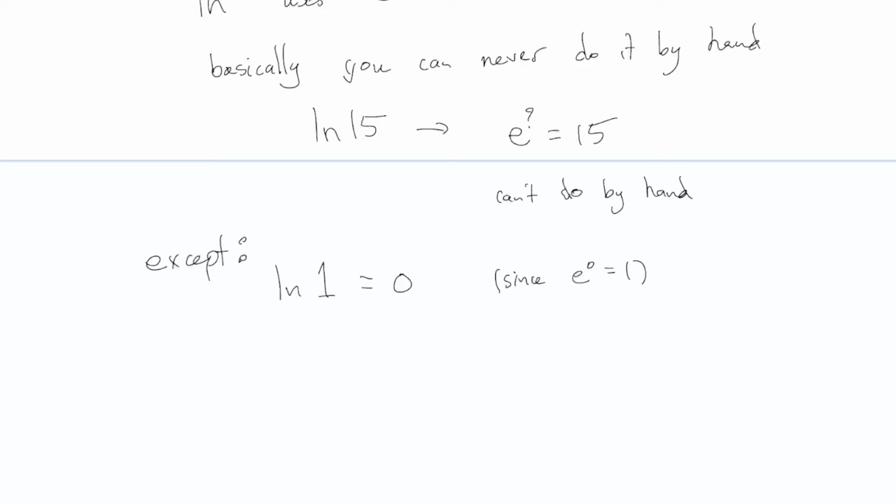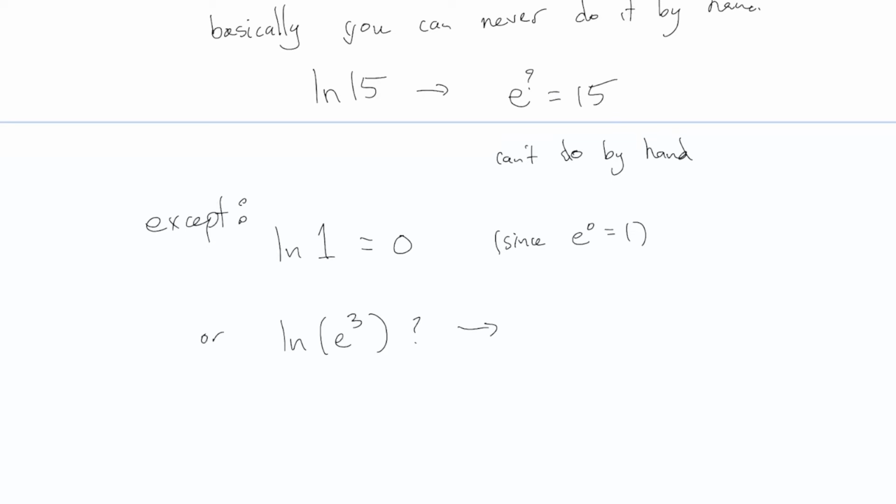You can also do something like, what is the natural log of e to the power 3? Well, if I write this in its exponential format, the natural log uses base e, so it means e to what power equals e to the power 3. This is weird, but the thing I'm taking the log of becomes the right-hand side of this exponential formula.